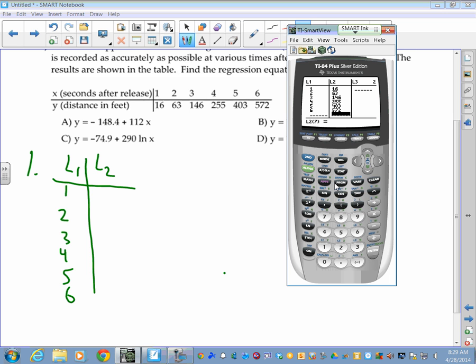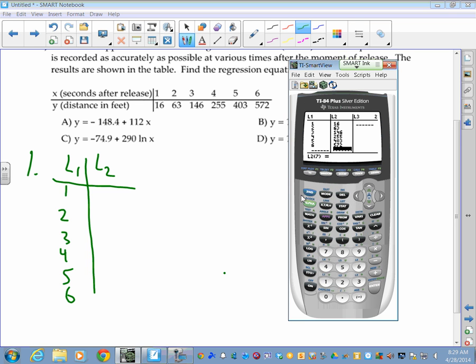All right, what's the first thing you can do? Okay, so how should I look at the graph? If I hit graph, zoom, stat.